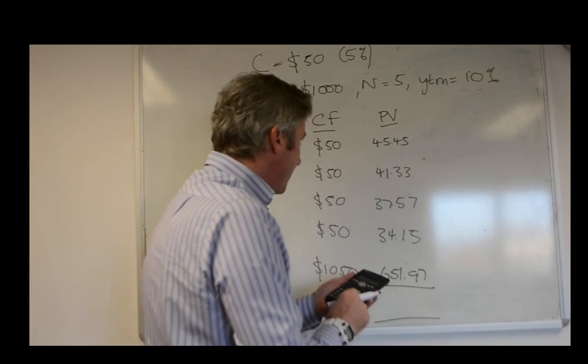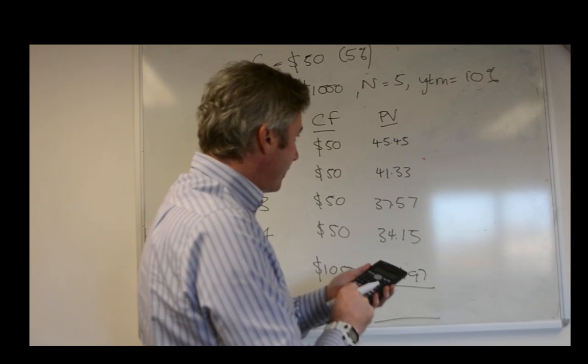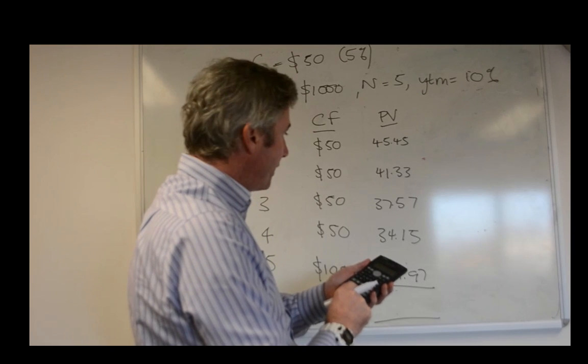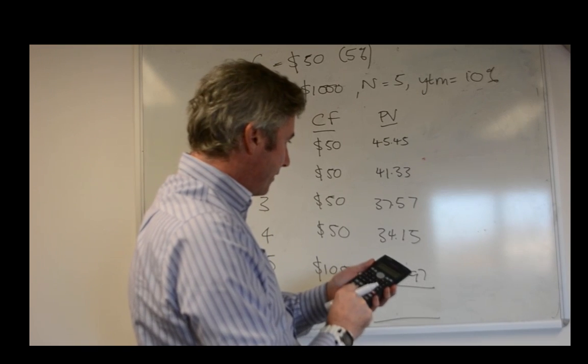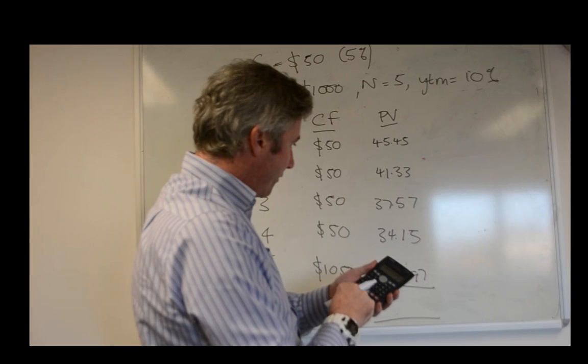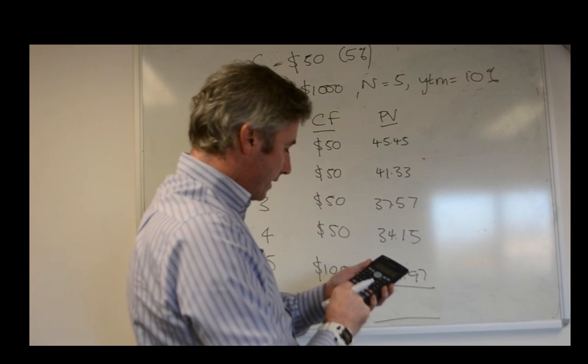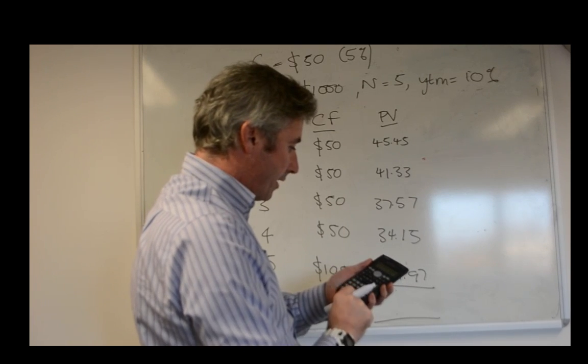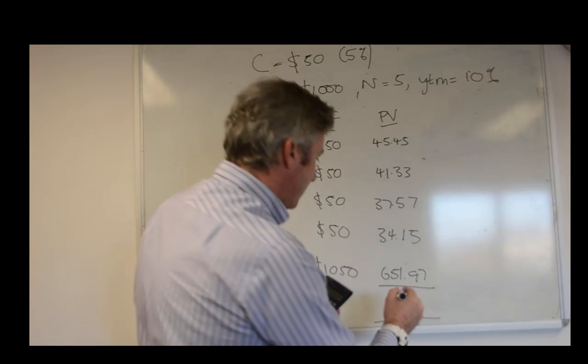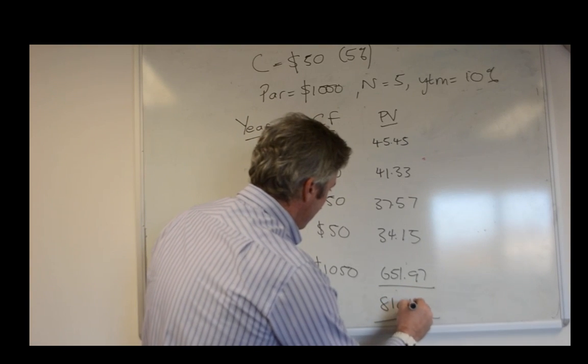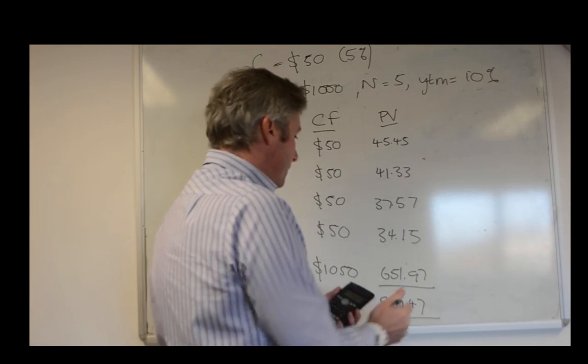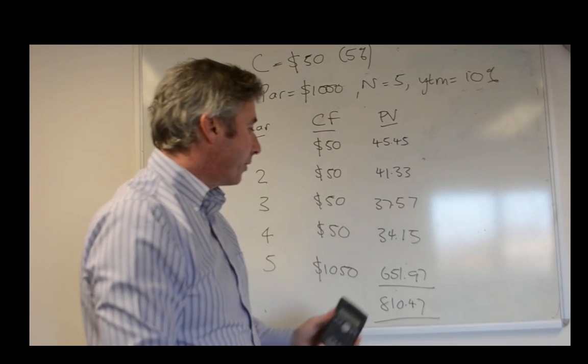I add each of these together, 45.45 plus 41.33, add 37.57, add 34.15, add 651.97, we get the price of 810.47. So that's the price of our bond, 810.47.